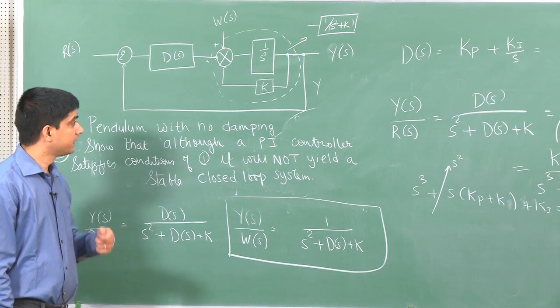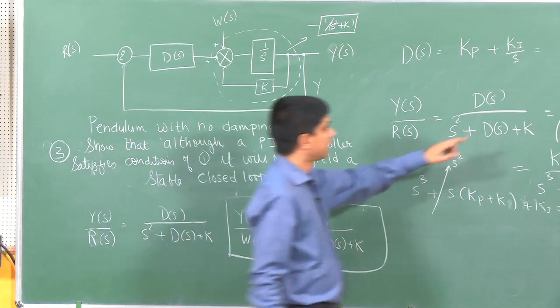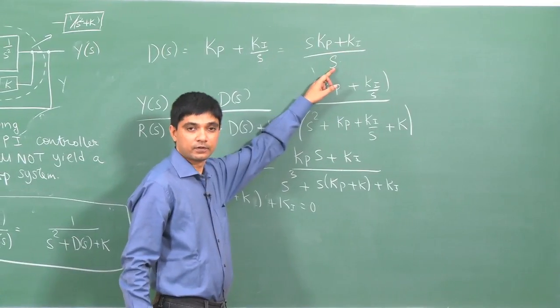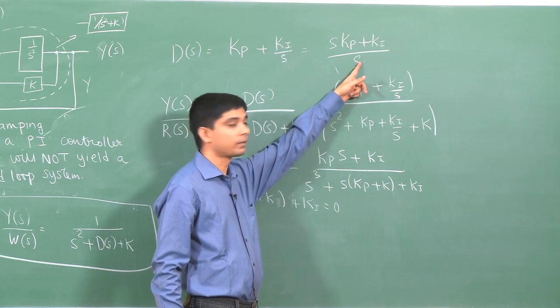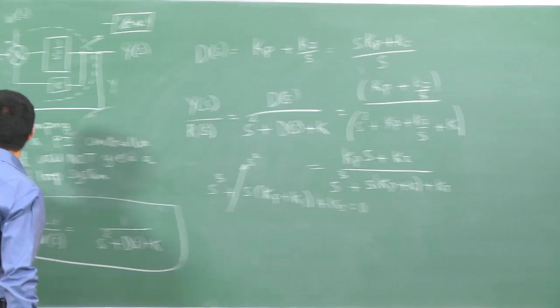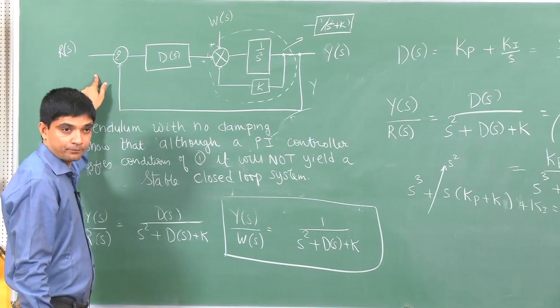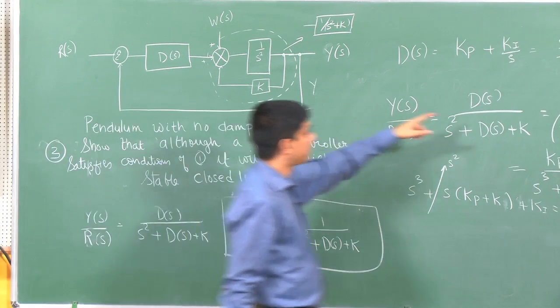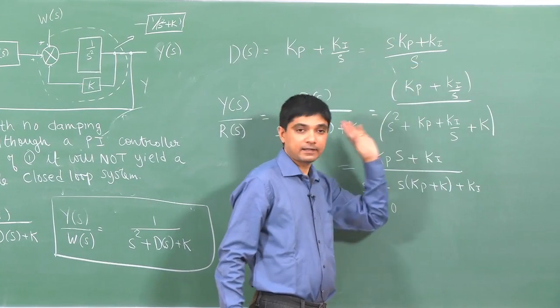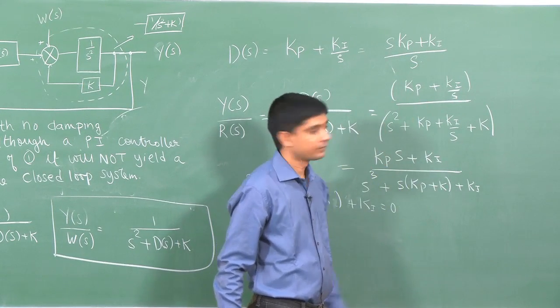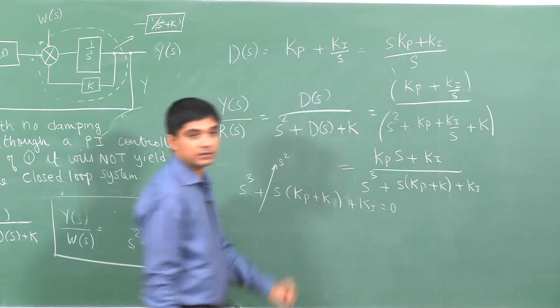Therefore, even though a PI controller has the effect of reducing the steady state error, if this was not true in problem number 1, this would never be able to track a ramp. By putting a pole at the origin, I track the ramp, but with some error, but then the closed loop turns out to be unstable.